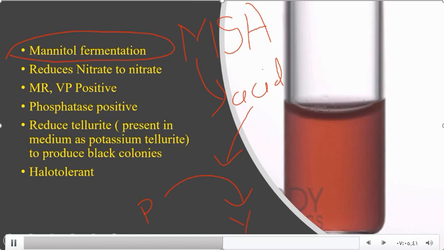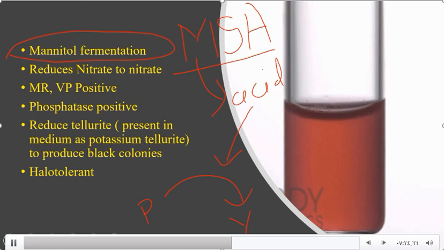So the mechanism behind the mannitol salt agar is that the bacteria ferment the mannitol to form acid, and if there is a rise in acidity, then the phenol red indicator will change its color from pink-red to yellow.